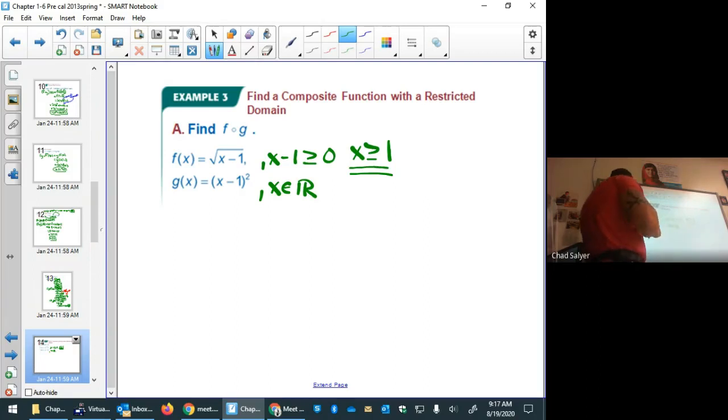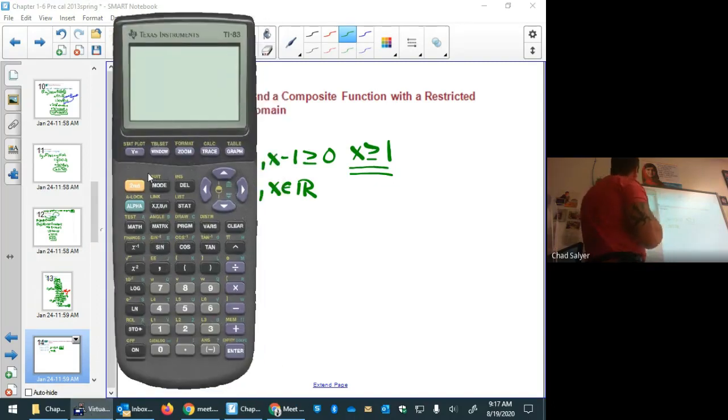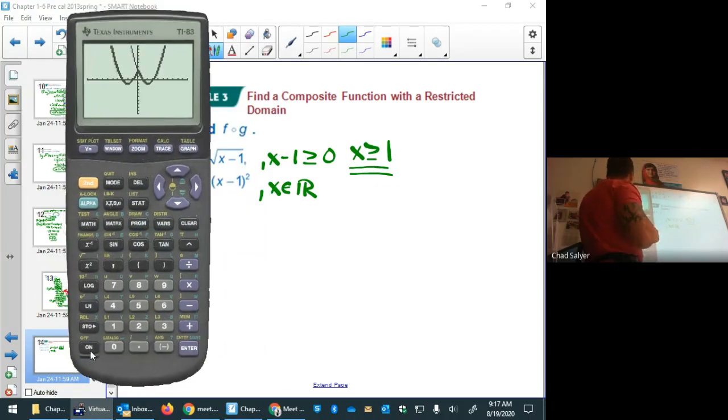So if I think about the graph x minus 1 squared, so anything less than 1, and I'll graph y equals 1 here. So everything below that line, which looks to be between 0 and 2, is a problem.